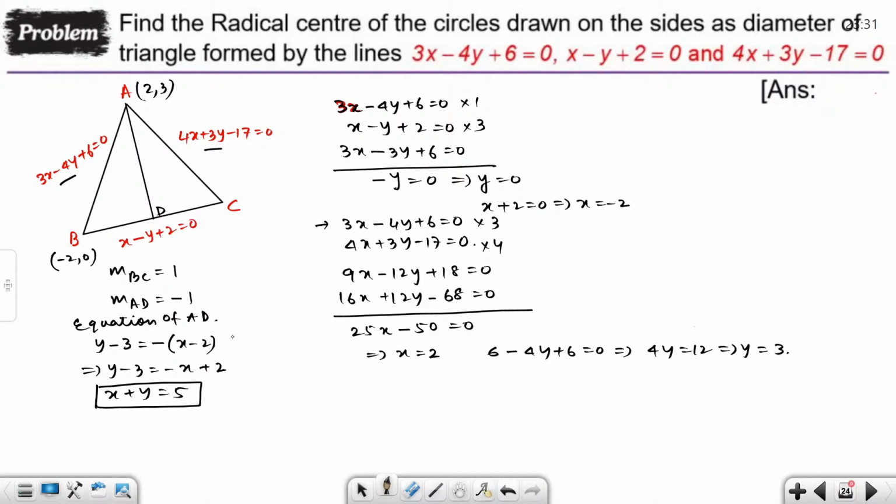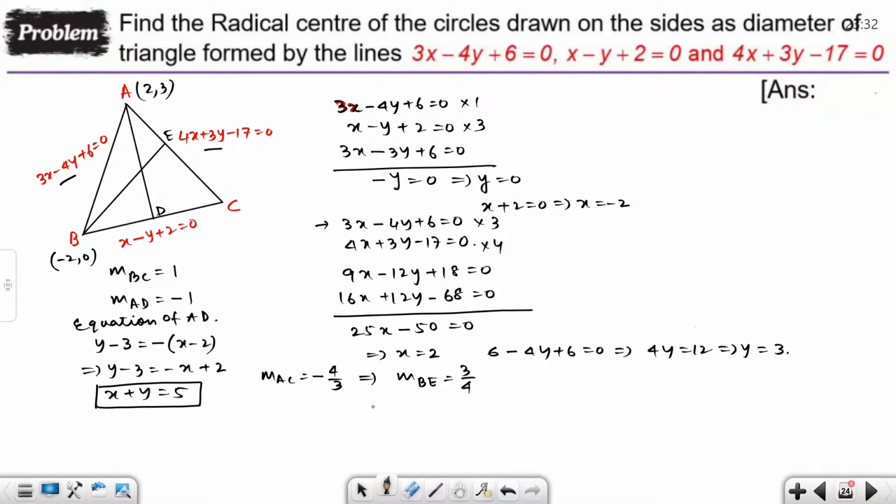Now we will find out the equation of the altitude from B on AC. What is the slope of AC? The slope of AC is minus 4 over 3, which implies the slope of BE is 3 over 4, correct?